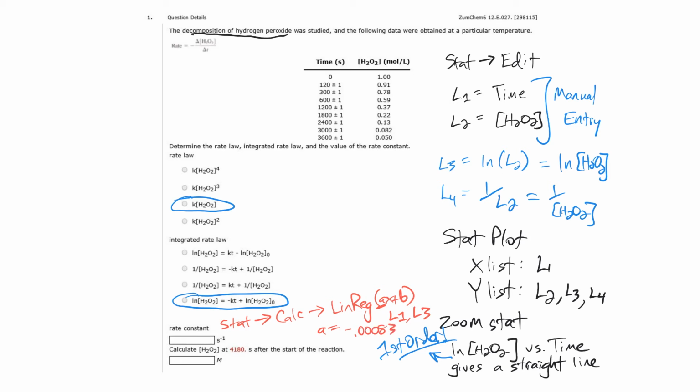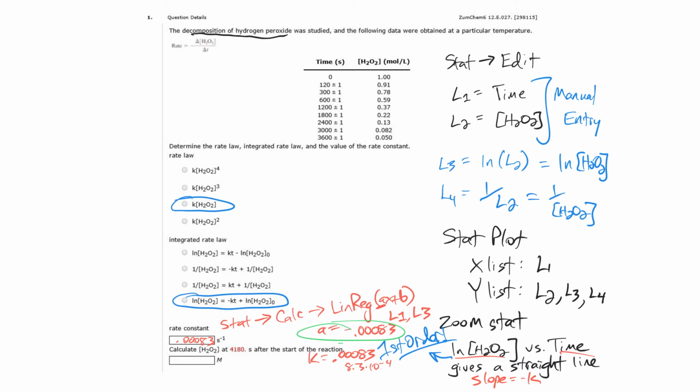And if we know that we have a first order reaction where the natural log of the concentration of the lone reactant against time gives a straight line, the slope is always negative K. The slope of this kind of plot is negative K. So if we've got a value of the slope that's a negative 0.0083, then that means the value of the rate constant is a positive 0.0083. Or if you're into scientific notation, 8.3 times 10 to the negative fourth. Okay, that gets that one.